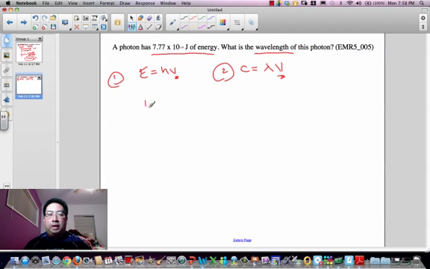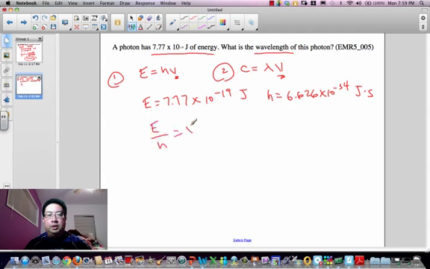So energy we know is 7.77 times 10 to the minus 19th joules. And we know h is a constant, that's 6.626 times 10 to the negative 34th joule seconds. So we're going to solve for nu here. So doing some algebra, E over h equals nu.